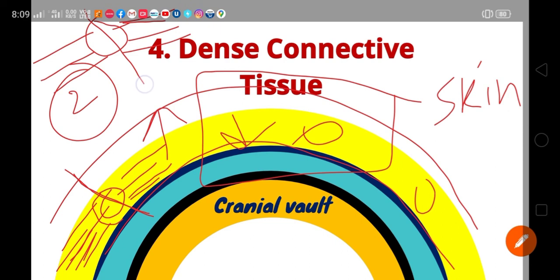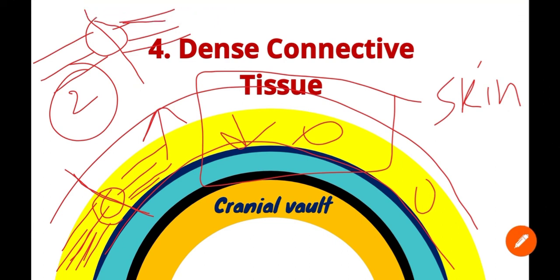If there is any injury, the connective tissue will pull the two halves of the blood vessel in opposite directions. Because of this, retraction of the blood vessel is difficult, so bleeding is more. In case of injury in this layer, bleeding will be profuse even from a minor scalp injury.